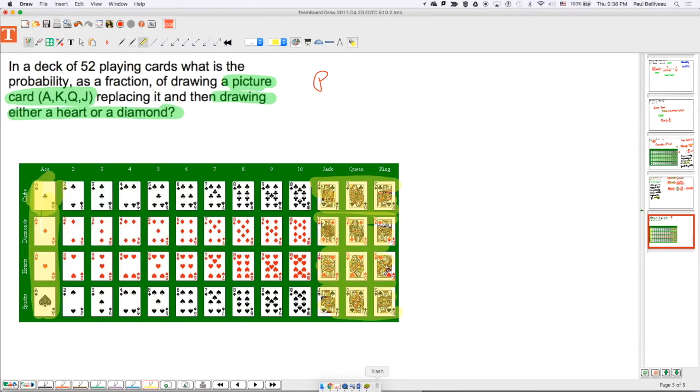So I have highlighted 3 times 4, 12, plus 4 more, 16. So if I'm counting correctly, the probability of a picture card is there are 16 picture cards. That's the number of items in our event. Divided by 52, the number of cards in the deck, that is the number of elements in our sample space. That's our denominator.